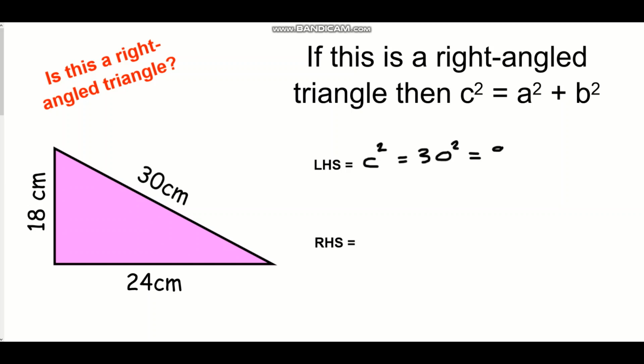And then if we do 30 squared, we get 900. On the right-hand side is a squared plus b squared. That's the same as, from this diagram, 18 squared plus 24 squared.